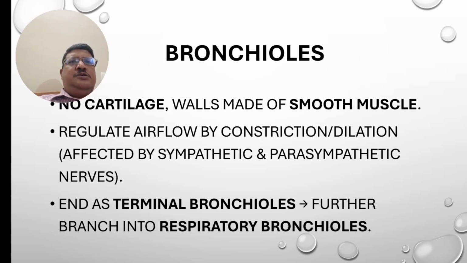Now bronchioles: no cartilage in the walls, made of smooth muscle, they regulate airflow by constriction and dilation, affected by sympathetic and parasympathetic nerves, and the terminal bronchioles further branch into the respiratory bronchioles.